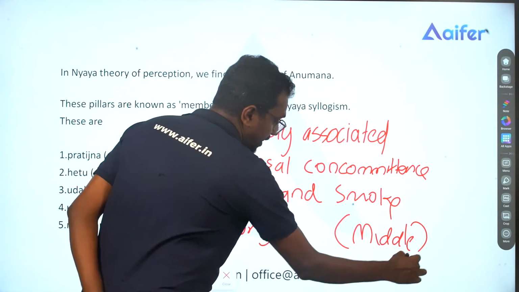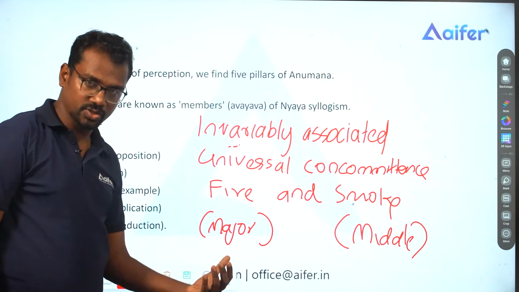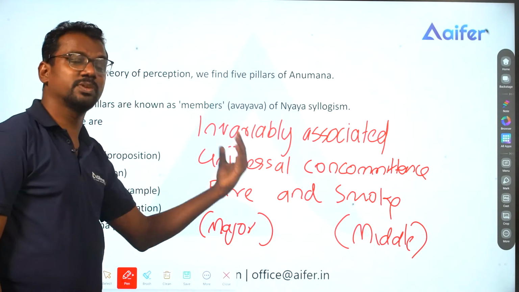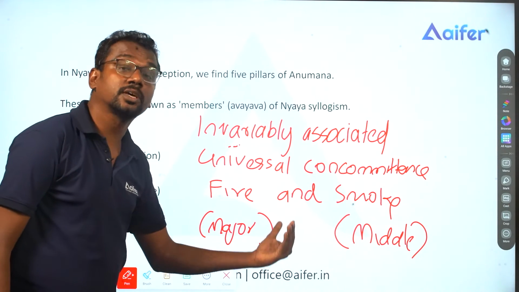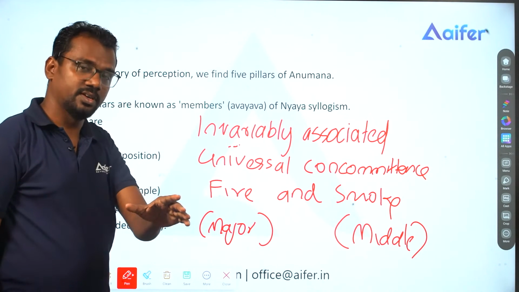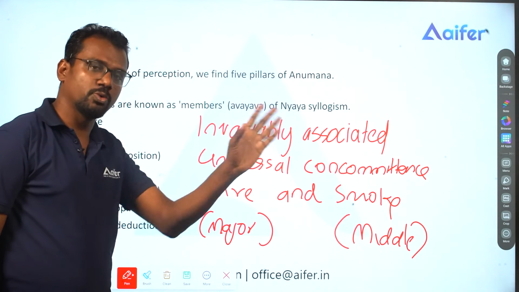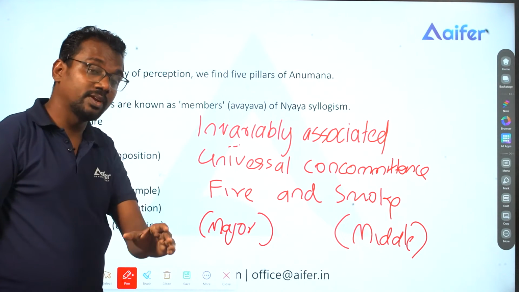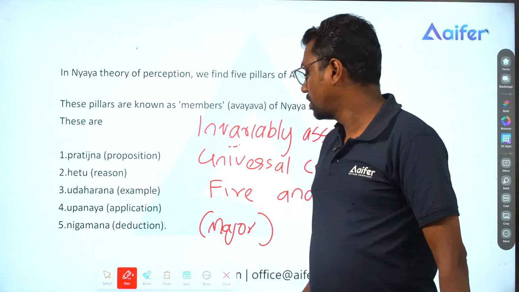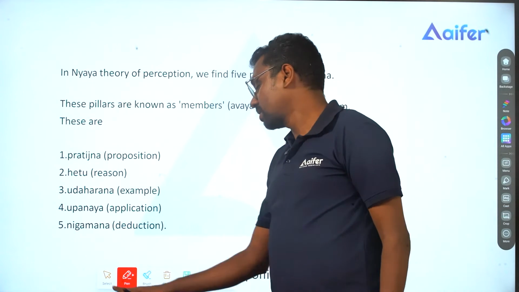So Upanaya is the presence of invariably associated universal concomitants between the major term and middle term. I hope it's clear. It should be present everywhere. You can't give an example of a person who smokes while seeing smoke, but you can give an example of fire only when it comes to smoke. That is what Upanaya is all about.